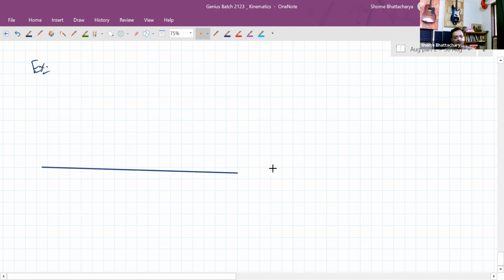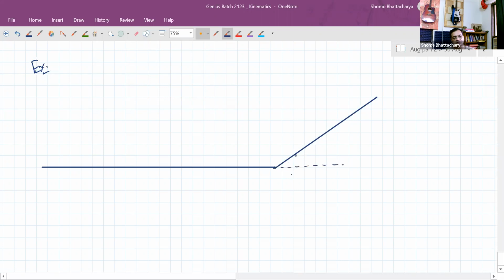We have this kind of situation: there's a horizontal plane and at a certain distance, there's an inclined plane that starts like this. Now this inclined plane has an angle of inclination of, let's say, phi, and that is equal to 37 degrees.